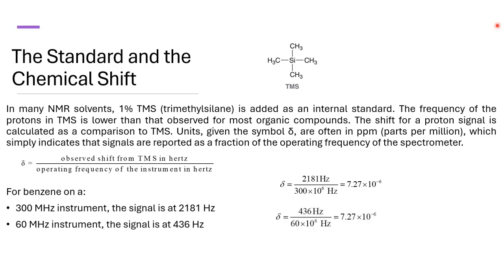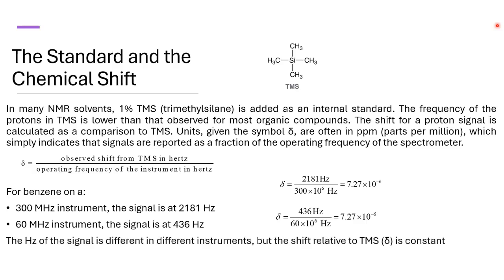But if we then divide that number by the operating frequency of the spectrometer, it's also 7.27 times 10 to the negative 6, or 7.27 parts per million. The hertz of the signal is different in different instruments, but the shift is still relative to TMS, and it's constant. Most signals that we're going to see for proton NMR will be between 0 and 10 parts per million.